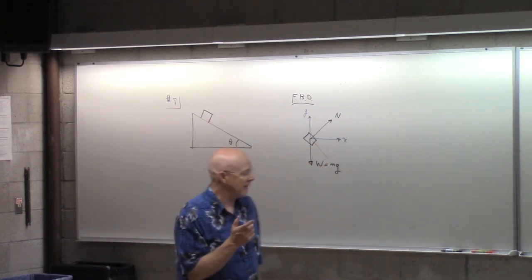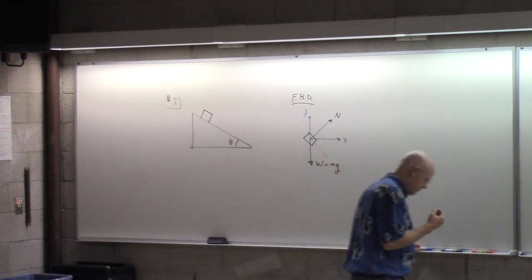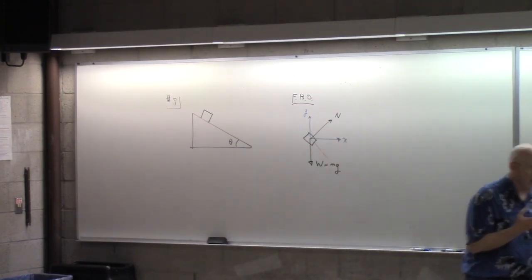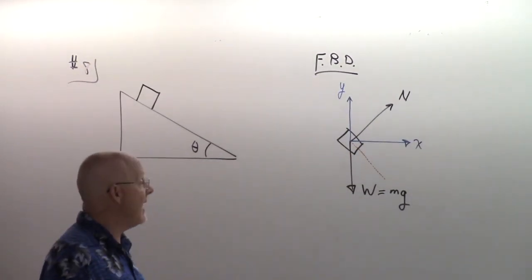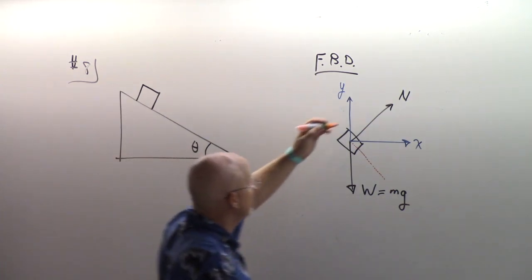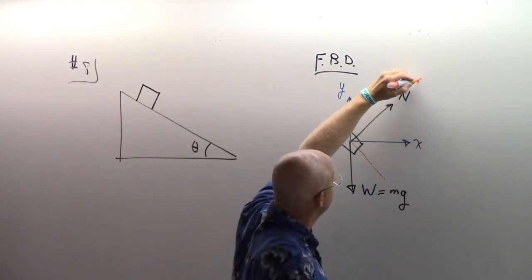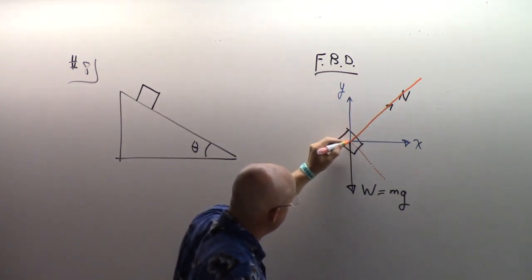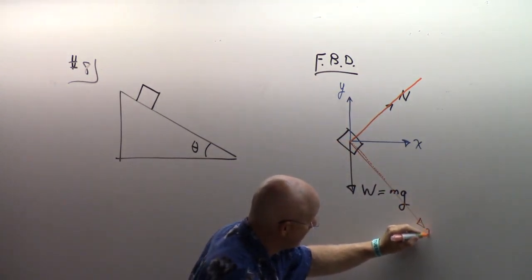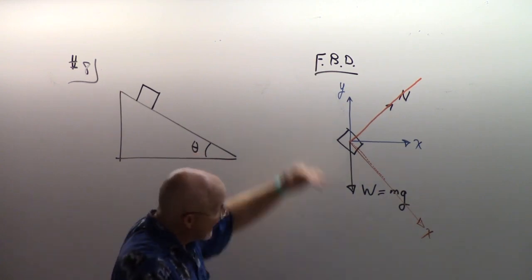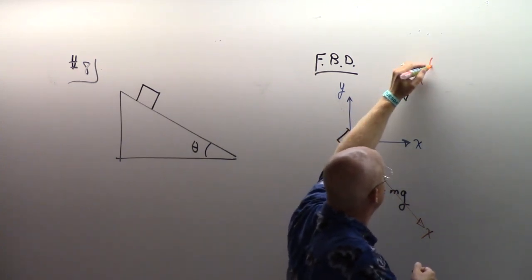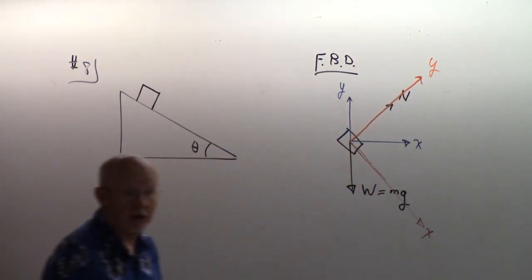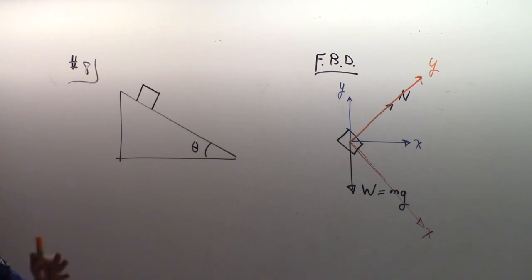But I got something that I like a lot better, and when you get comfortable with it, you're going to prefer it. What if I did a grid in the orange, where down the incline is the x and perpendicular to the x is the y, so kind of a tilted one.